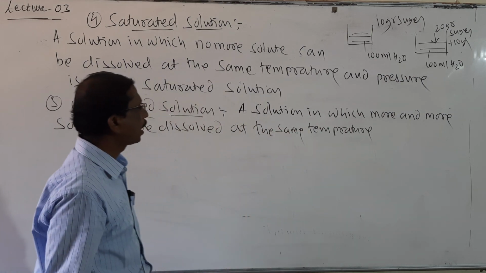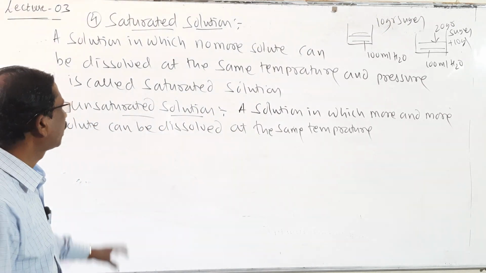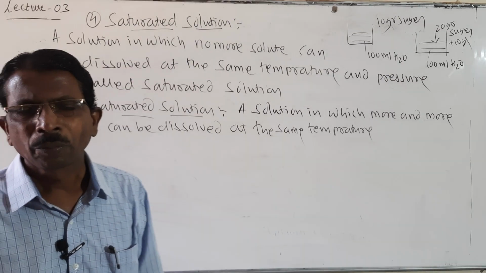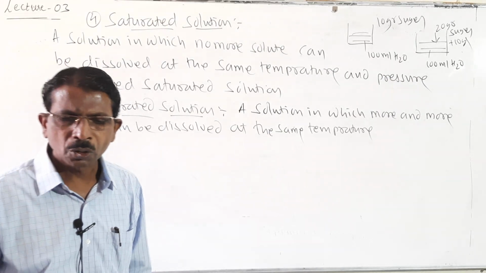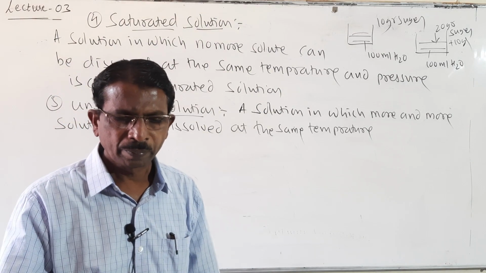At a given temperature or at the same temperature, it is called an unsaturated solution. A solution in which more and more solute can be dissolved. So it dissolves more and more solute, so it is called an unsaturated solution.